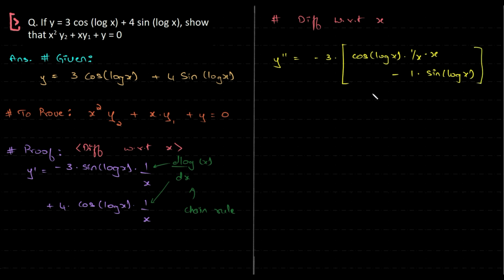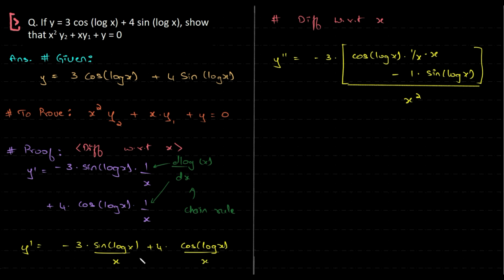Okay, this entire expression divided with x square. Again, let me rewrite this so that you guys are not confused. I am doing this. Sine log of x divided by x plus 4 times of cos of log of x divided by x. So this is the funda.